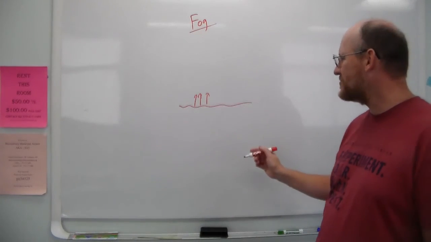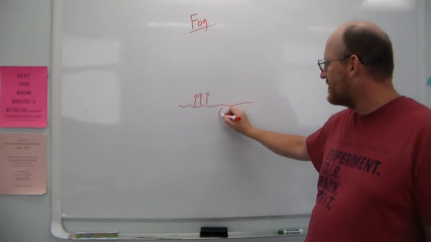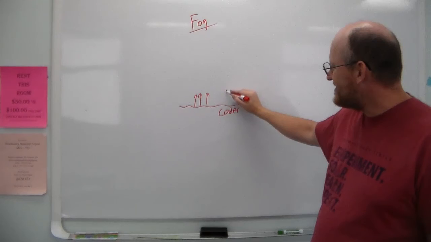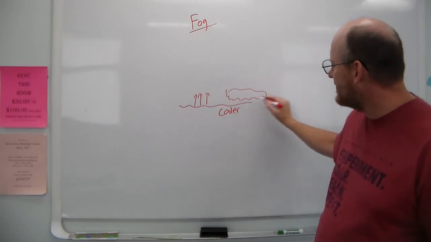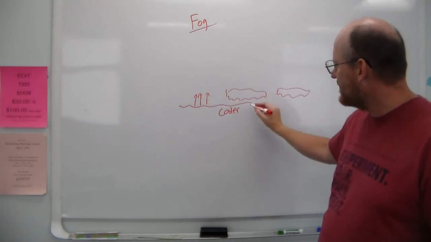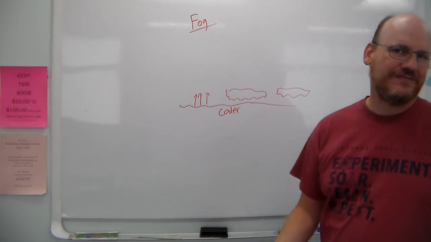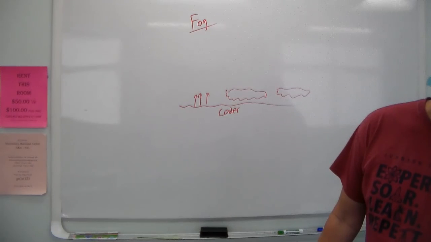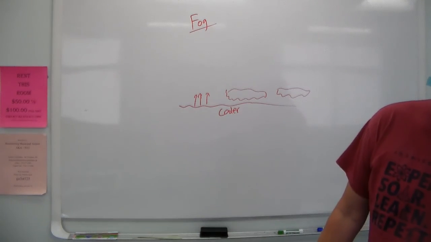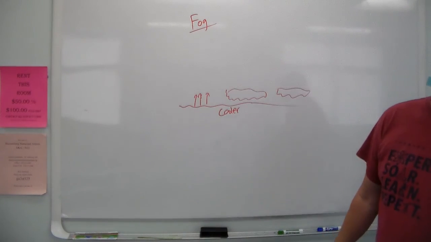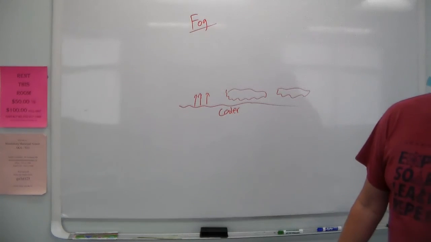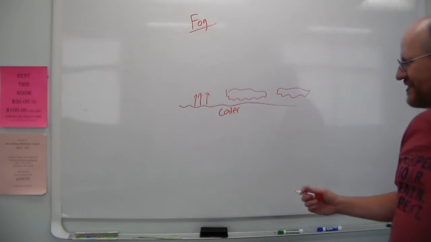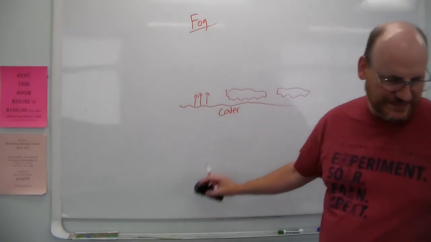As the Earth cools, it condenses the moisture, and we get fog. We have things like advection fog. And sometimes we call this sea fog, where you have water.